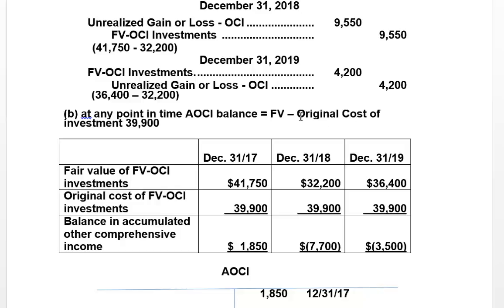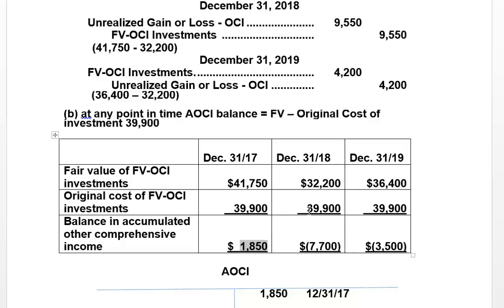So, if I looked at the original fair value, which was $39,900, and I've now got a new fair value at the end of 2017, doesn't that mean I should have $1,850 in my AOCI?